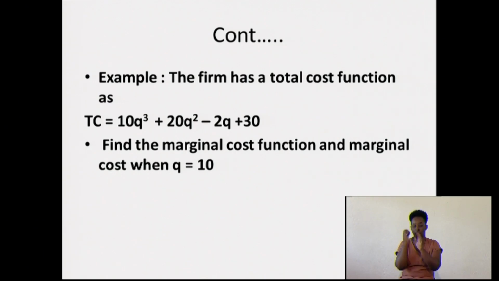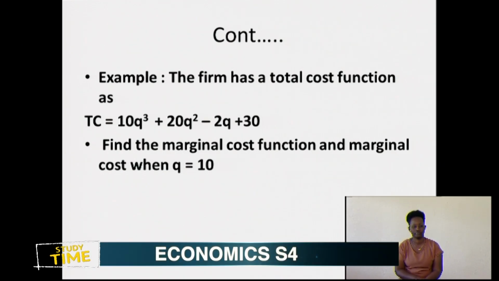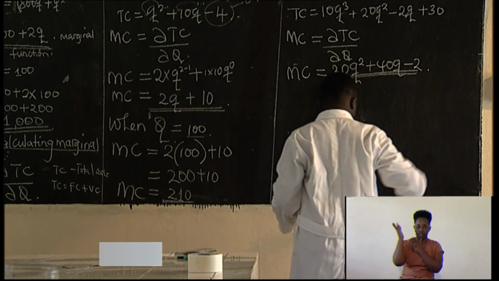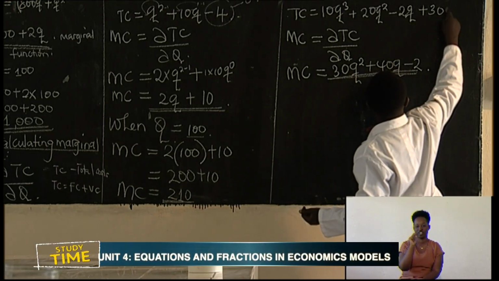The marginal cost function: we shall differentiate this total cost function with respect to output. When you work that out, our marginal cost will be 30Q squared plus 40Q minus 2. This will be your function. How have we got it? The constant gives you 0.